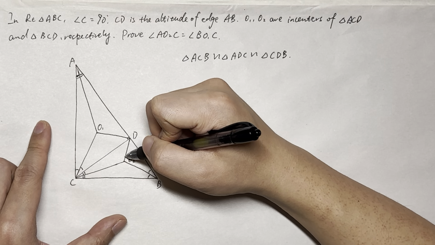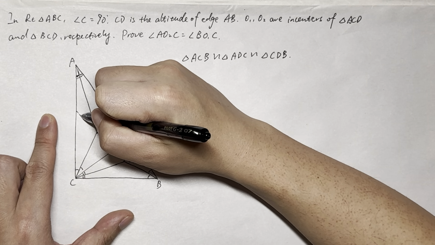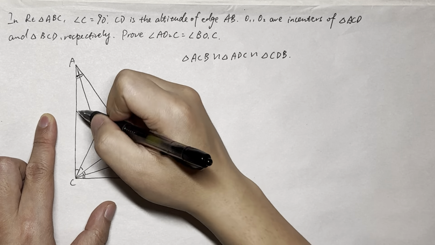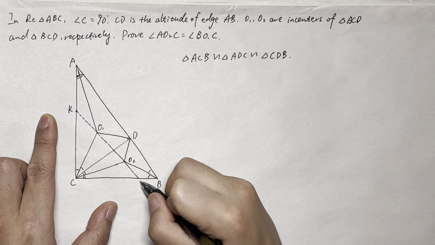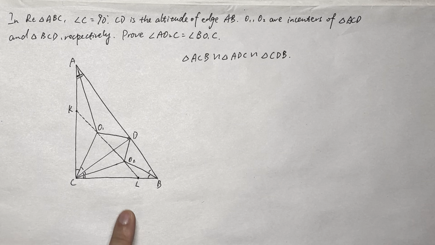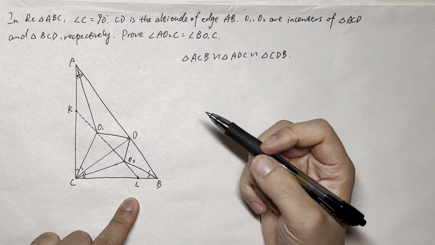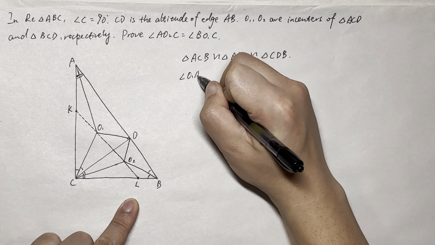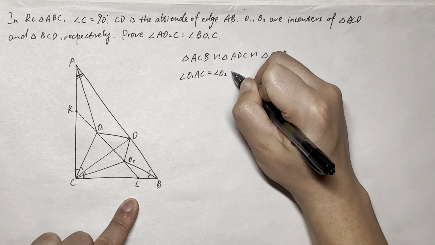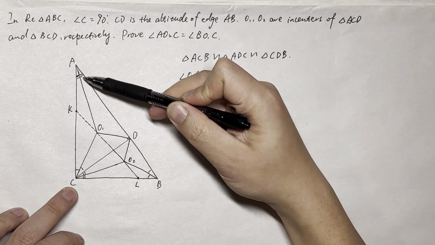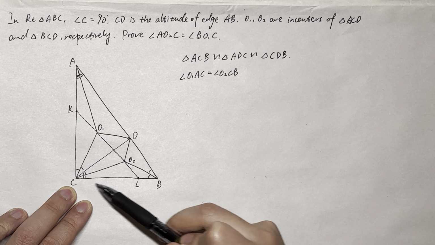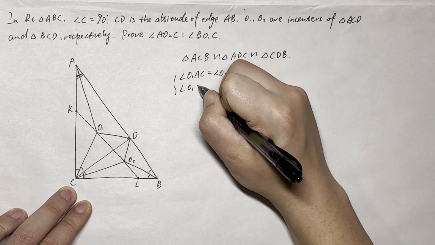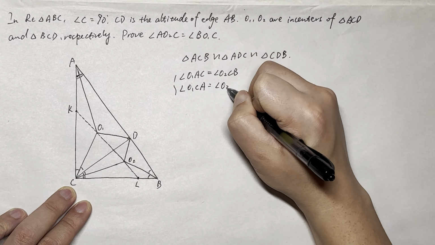Now we connect O1, O2 and extend it. Let's call these points K and L. The first thing I want to talk about is that angle O1AC equals angle O2CB, and also angle O1CA equals angle O2BC.